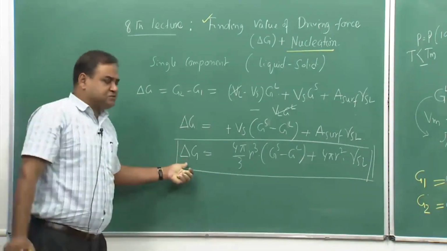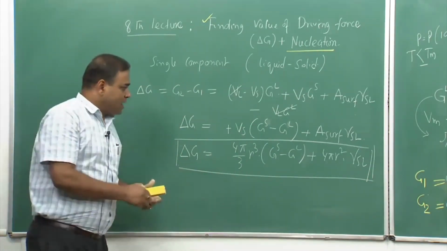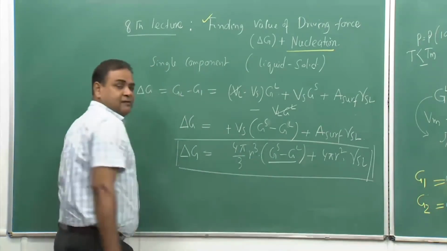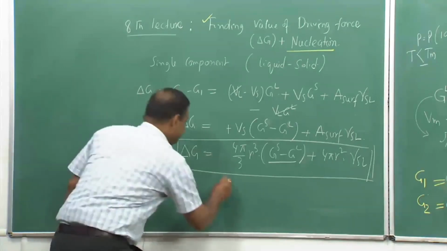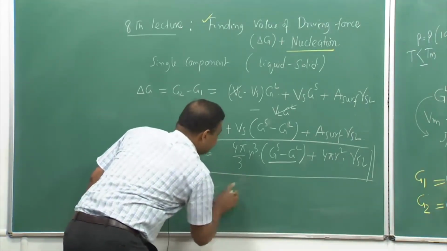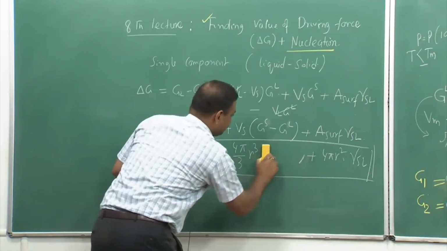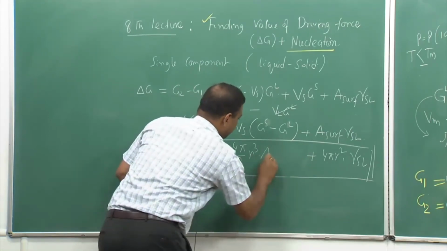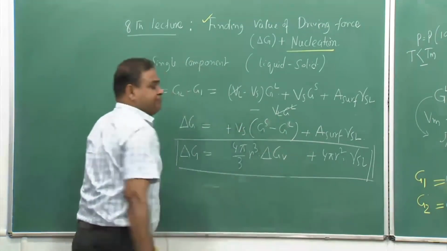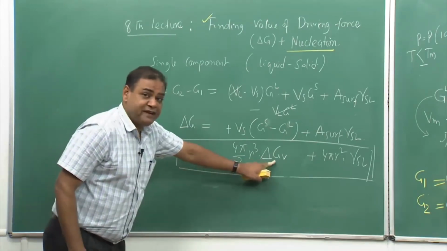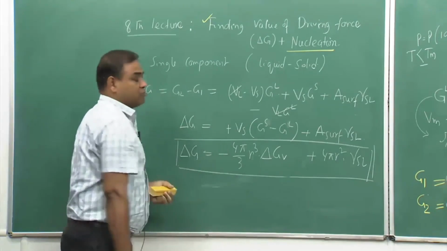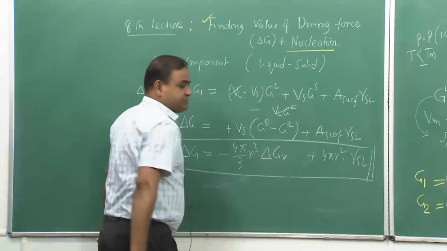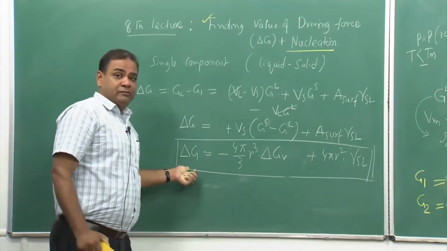Now, this is an extremely important expression, and now you see this is what? This is nothing but del GV. So, I can write this particular term in the form of del GV. And this del GV, there is a negative term inherent to it. I can take this negative term out. So, this is my expression where I will be working.